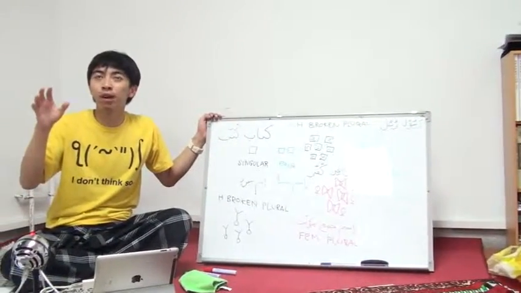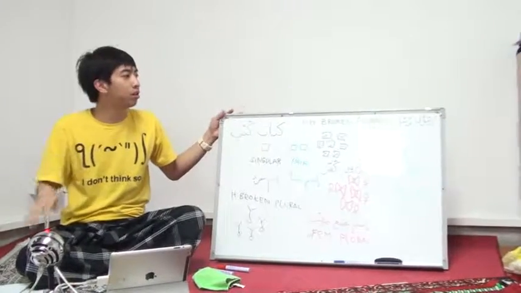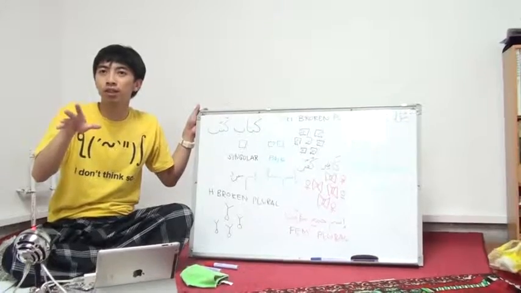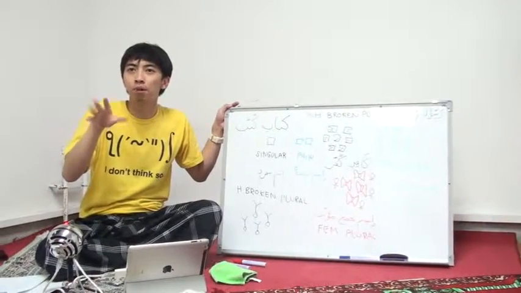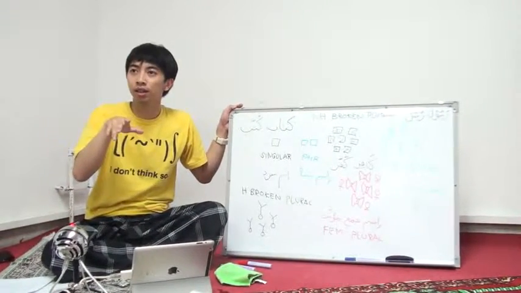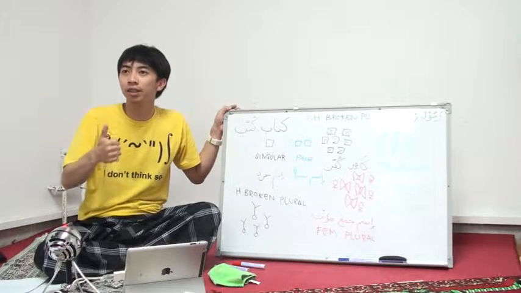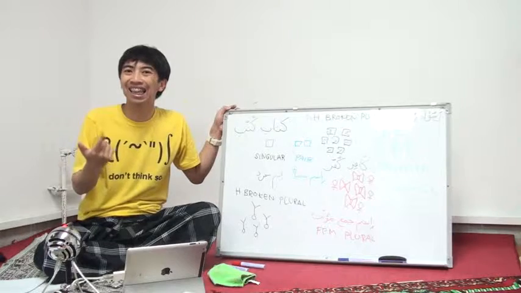And there is a small part of the nouns in English that are broken or irregular, like mice, geese, teeth.